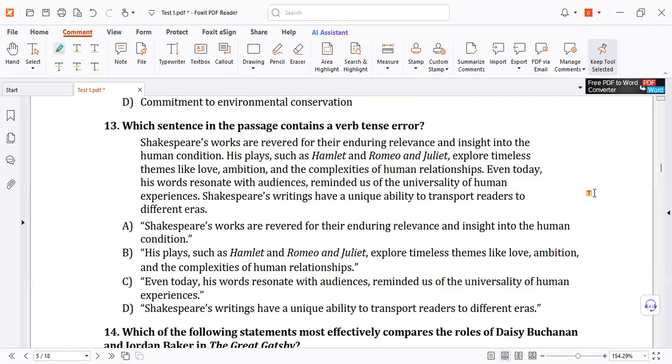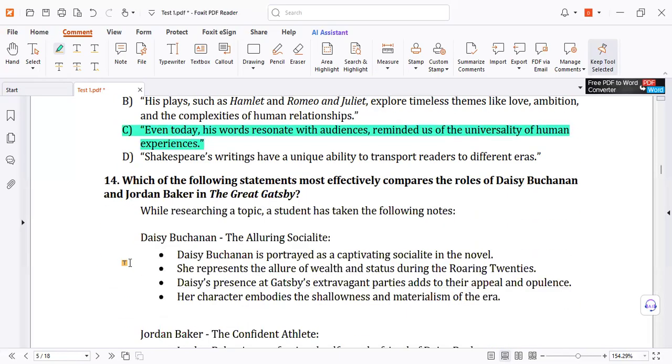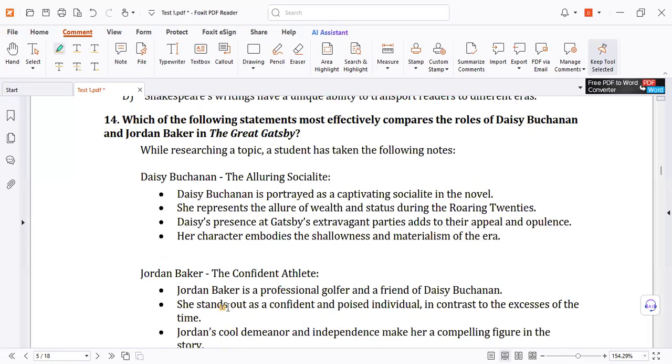What did you say? For letter C, accepted. Okay. Is it letter A?